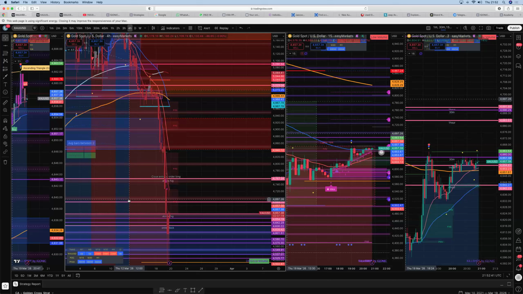Right. So, yeah, I was looking at the market at this time. I waited for it to break this zone, and then I saw it come and break this zone as well.